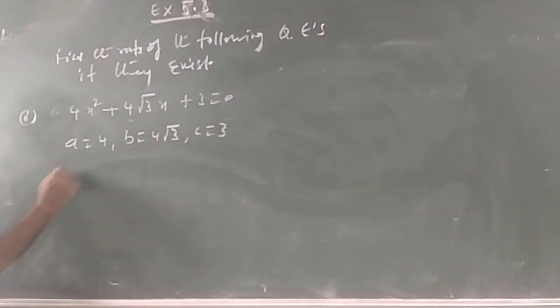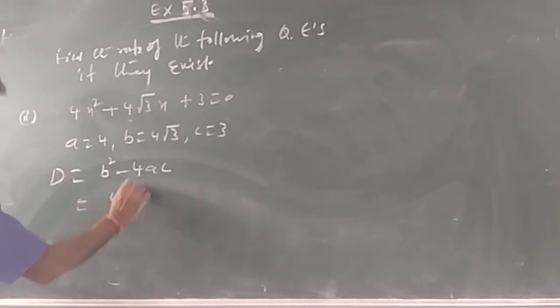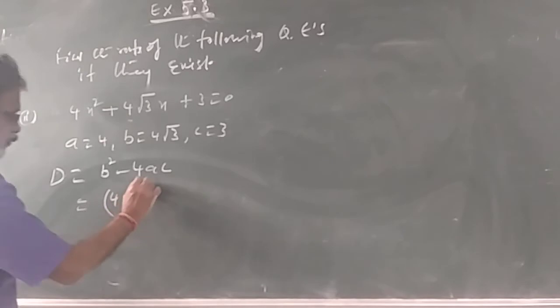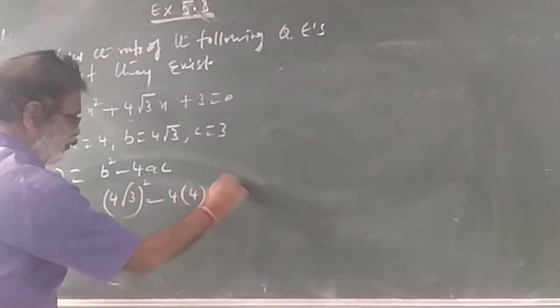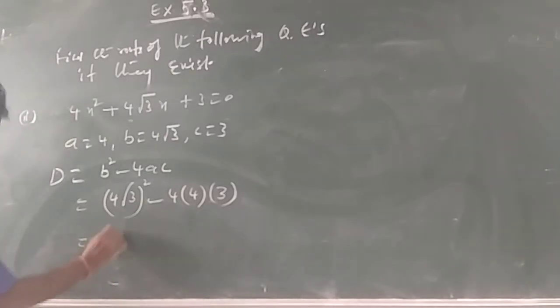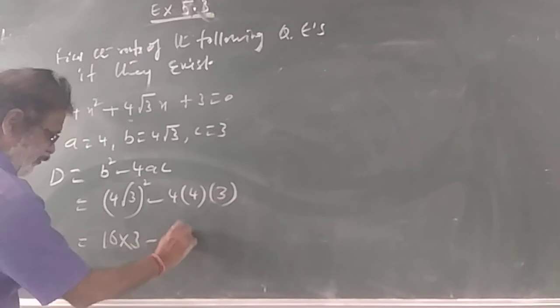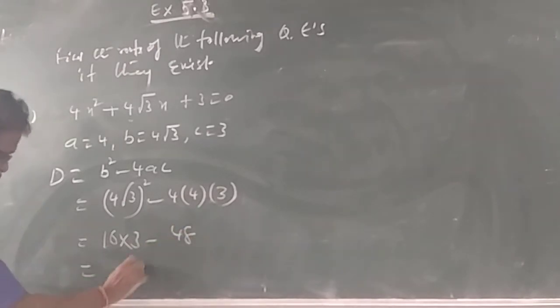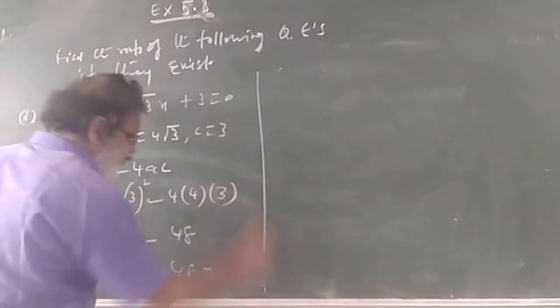D is equal to b square minus 4ac. B is 4 root 3 squared: 4 square is 16, root 3 square is 3, so 16 times 3 is 48, minus 48 is equal to 0. So D is equal to 0.